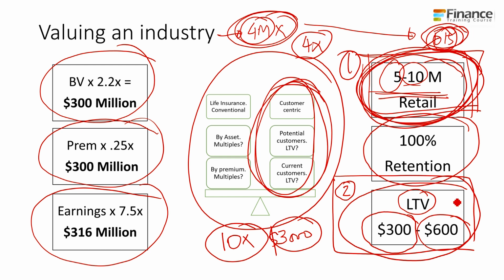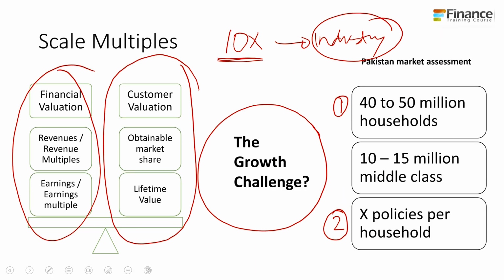The only path for me to grow that industry 10x is not through here or here, because that limits it to 4x, but here, growing the LTV. If I can grow the LTV 10x, then the industry would be worth how much? 10 million customers times $3,000 in LTV is worth about $3 billion. You've suddenly grown the valuation from 300 million to $3 billion.